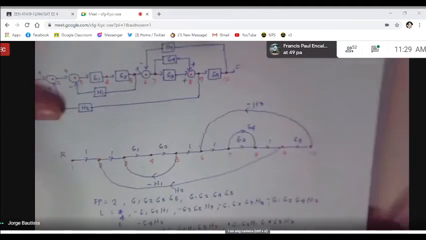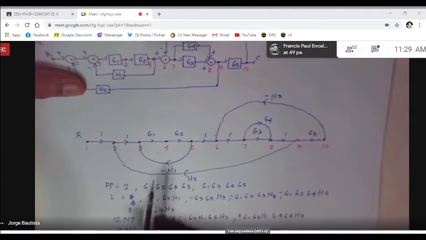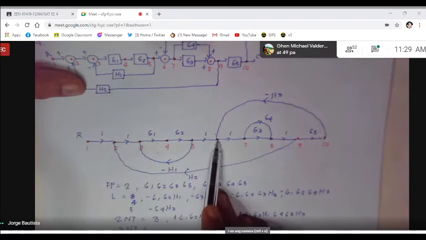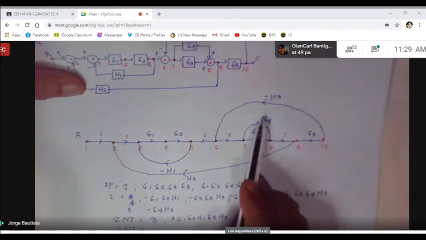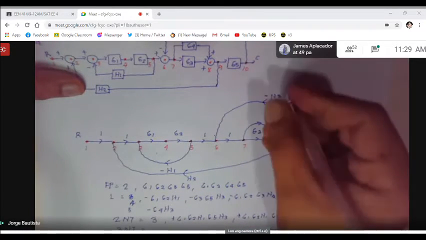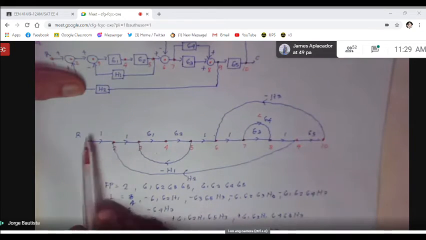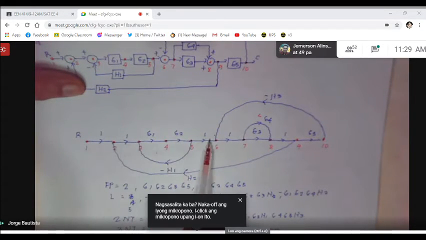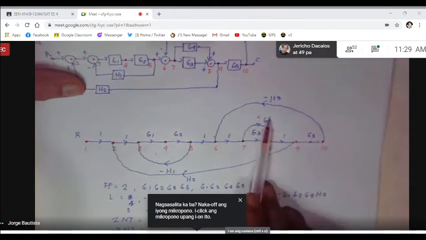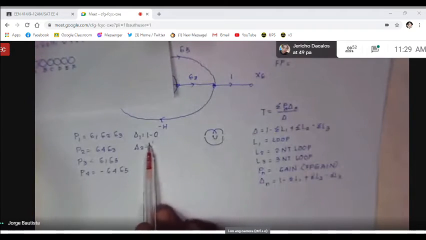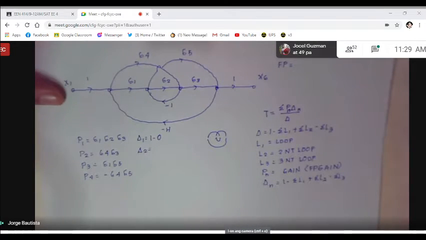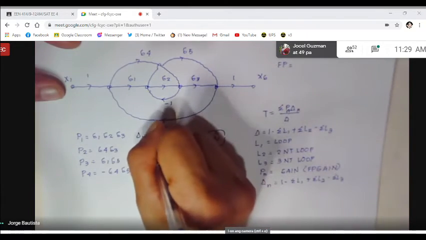Halimbawa, itong G4 ay papunta dito. Lahat ng push pin tinanggal pero hindi natanggal to. O, may closed loop ka na nag-iwan. Yun ngayon ang ilalagay mo dito. So, ito, 1 minus 0 pa rin.